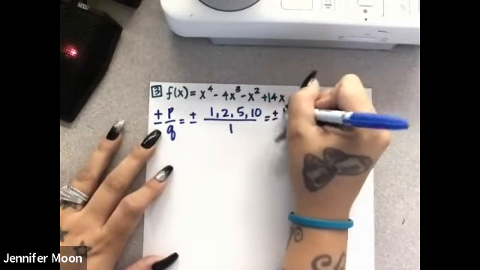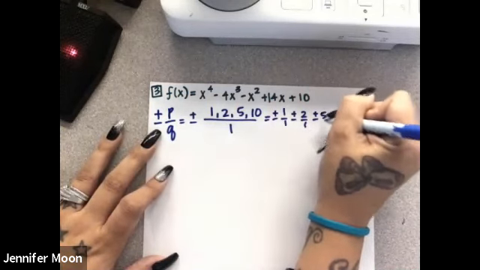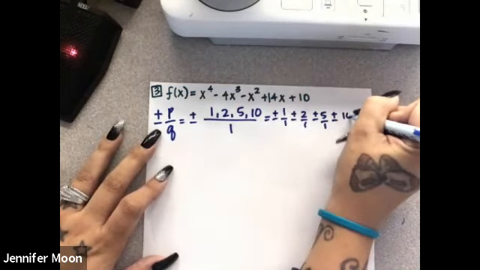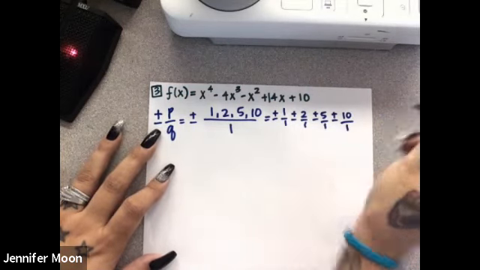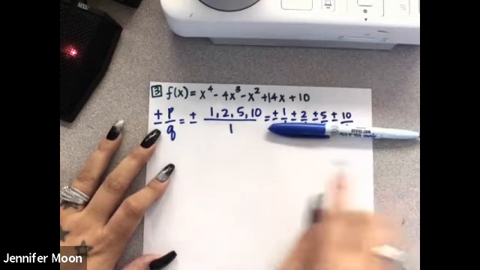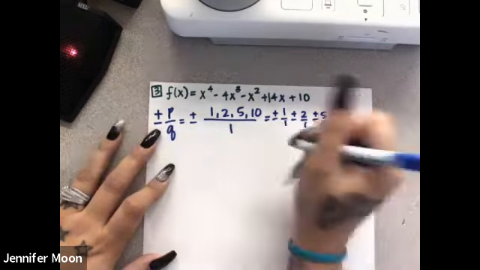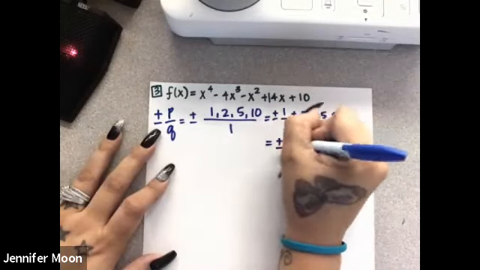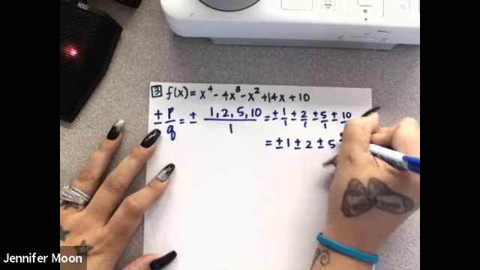I get plus or minus 1 over 1, plus or minus 2 over 1, plus or minus 5 over 1. This is why I say having a leading coefficient of 1 is beautiful, because your possible zeros, don't they just end up being your factors of your constant term? So plus or minus 1, plus or minus 2, plus or minus 5, plus or minus 10.